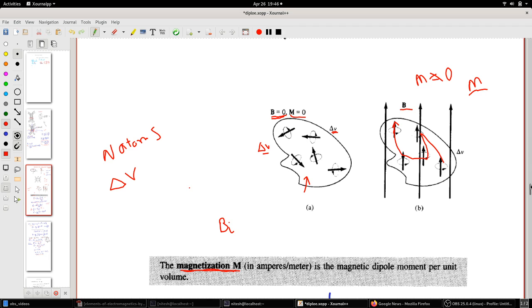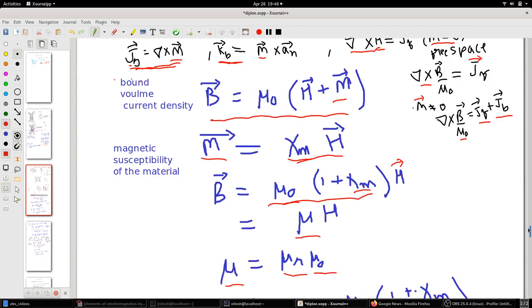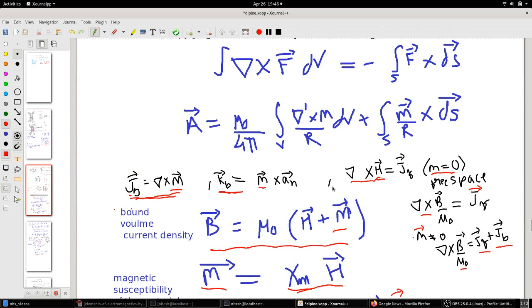Now coming back to this particular point, we had explained JB and KB. Del cross H is JF. Let's say you applied an external magnetic field B, which generates intensity H. Now this H is in free space. In free space, del cross H is your JF, and M is equal to 0.